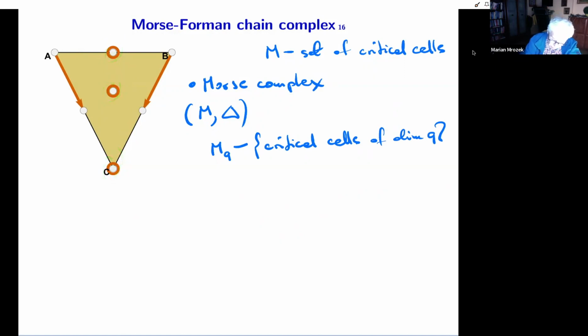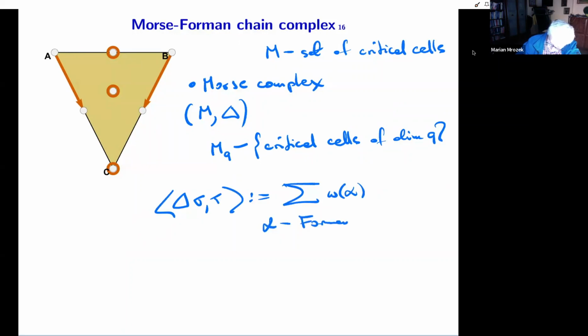And then the boundary operator, the matrix of the boundary operator, is given by a formula that the boundary of a critical cell sigma, with respect to tau, the entry in the matrix, is given as the sum of so-called weights of alpha, where alpha is a Forman path from sigma to tau.